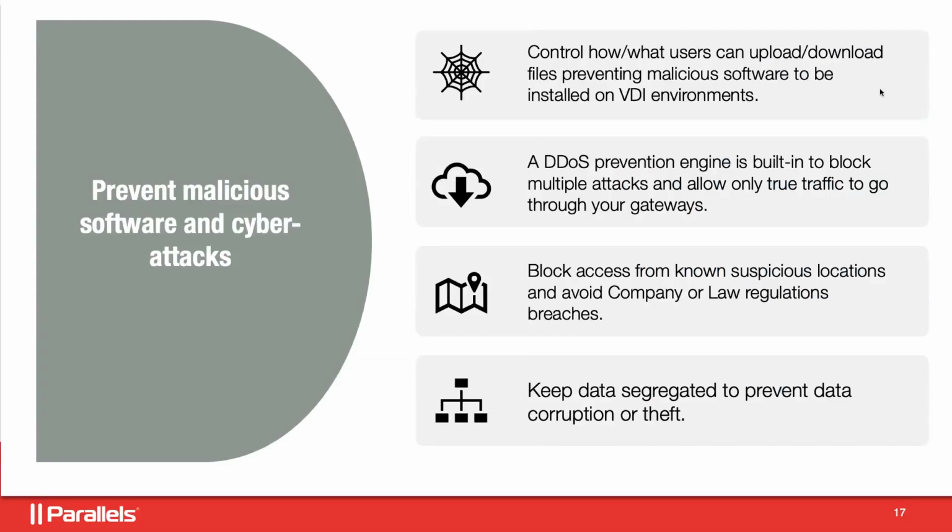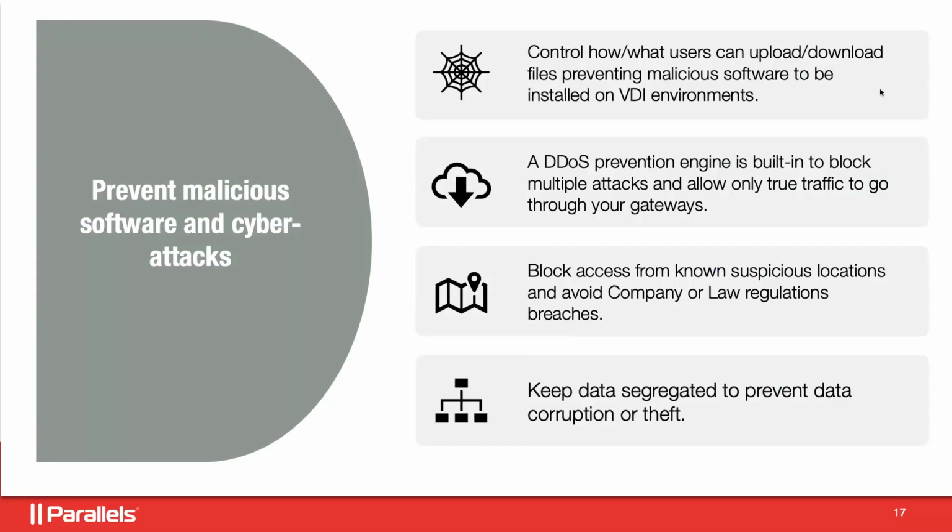So looking a little bit more at preventing malicious software and cyber attacks. I mentioned this already, but we can control what users can do in terms of uploading and downloading files. So we've got full control over that. We might want to deny that for external users, as I've said.